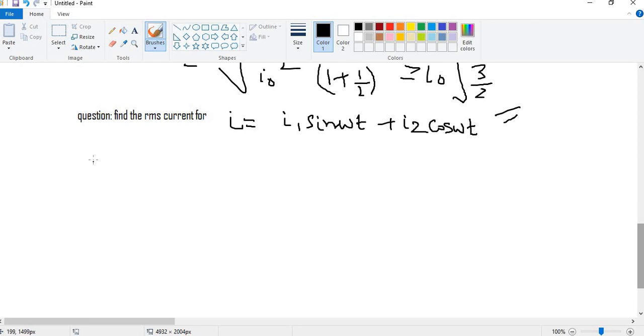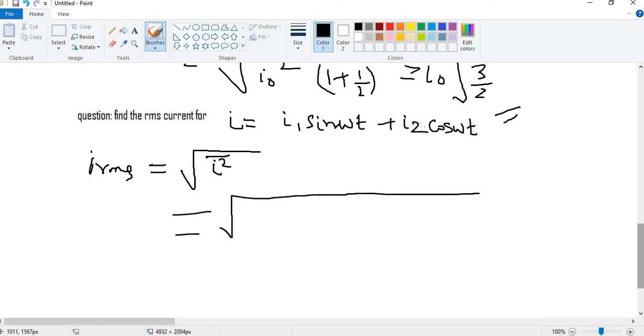Again we have the formula for IRMS. What is the formula? First we do the square, then the mean, and then the root. So the I value is this one, which is again a plus b. We square a plus b, which is a squared plus b squared plus 2ab.